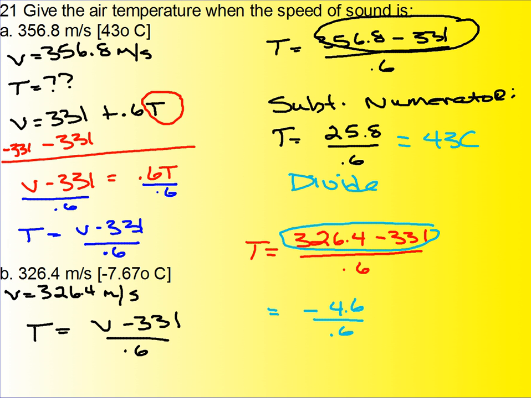This is negative 4.6 divided by 0.6. My next step is to do the division. Negative 4.6 divided by 0.6 is negative 7.67 Celsius. You can have negative Celsius. It just means it's below freezing.